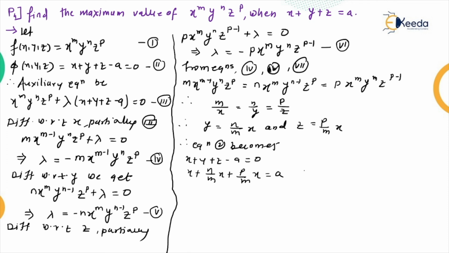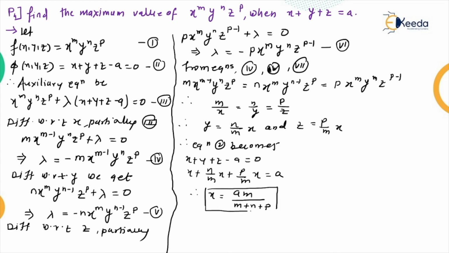So the value of x is equal to am divided by m plus n plus p.